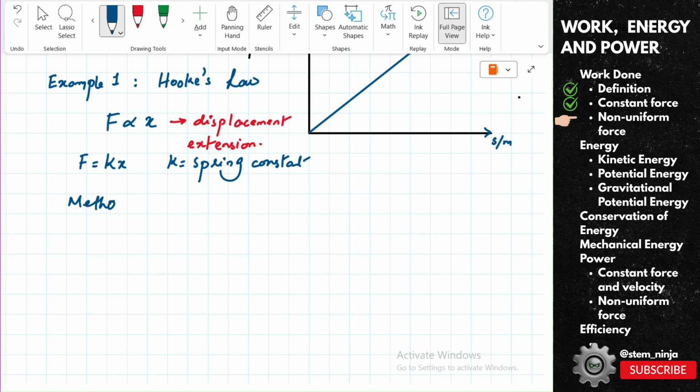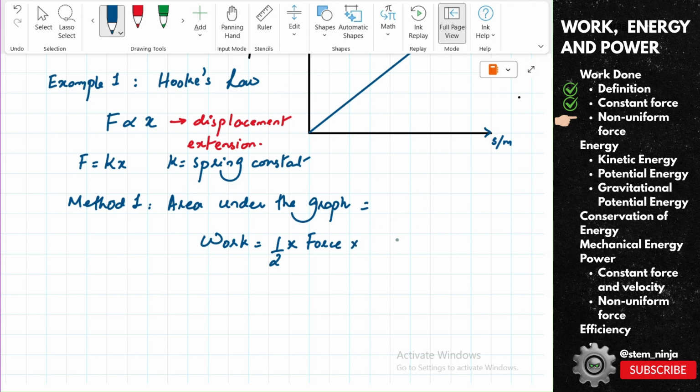Method 1 is by using area under the graph. This is the easiest one if you have been able to visualize this as a straight line, force proportional to x. So the area under the graph would be simply half times base times height: work equals half times force times displacement.